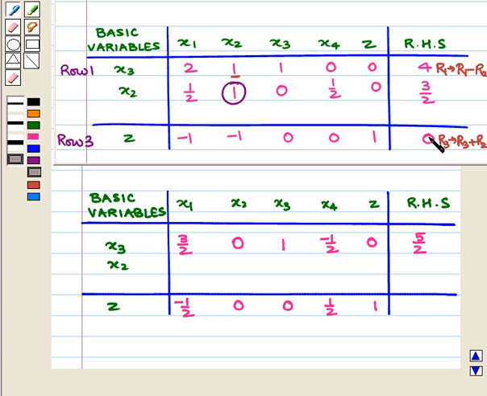And 0 plus 3 by 2 is equal to 3 by 2. And the pivot row, that is the second row, remains as it is, that is 1 by 2, 1, 0, 1 by 2, 0, 3 by 2. This is our second iteration.